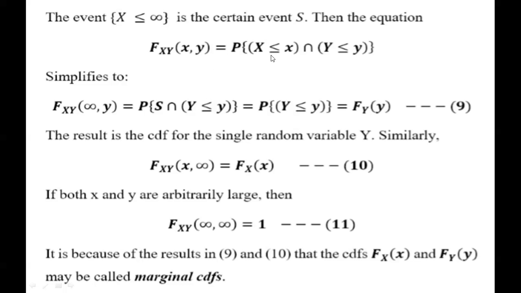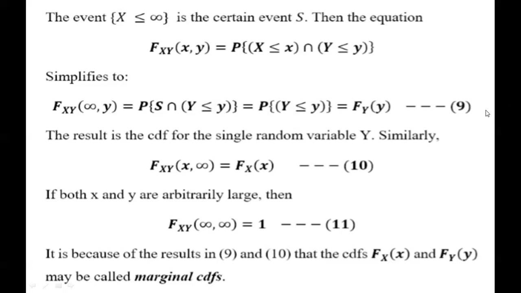The probability of x less than or equal to infinity is what? The entire sample space S, and y less than or equal to infinity will also be equal to what? Yes. The intersection of S with S is S itself. The probability of the entire sample space will be equal to 1. Therefore, the CDF of the bivariate random variable at infinity comma infinity is equal to 1.